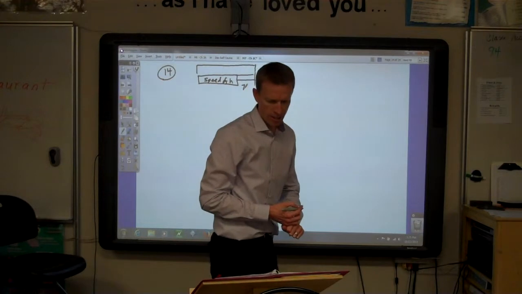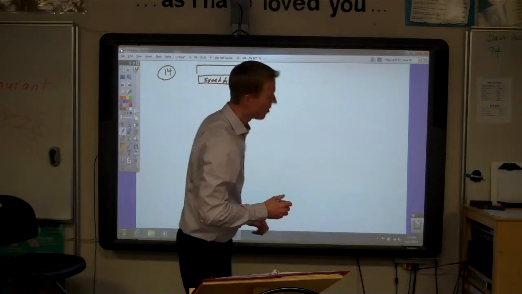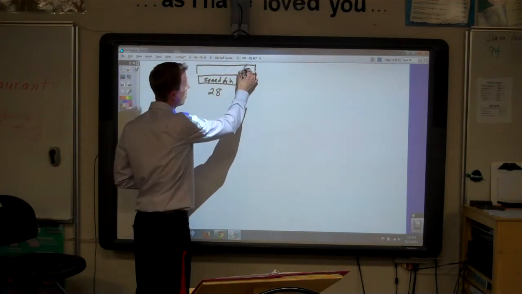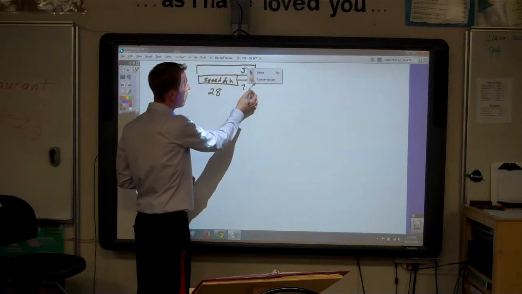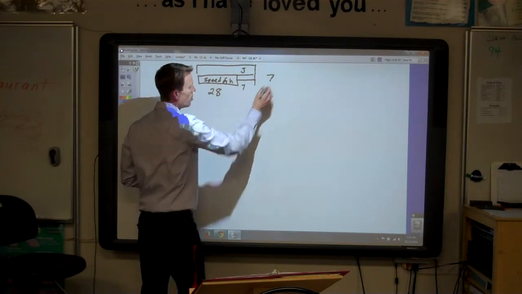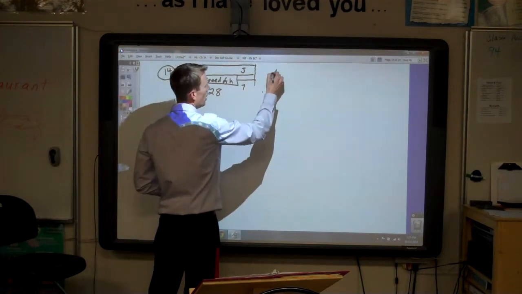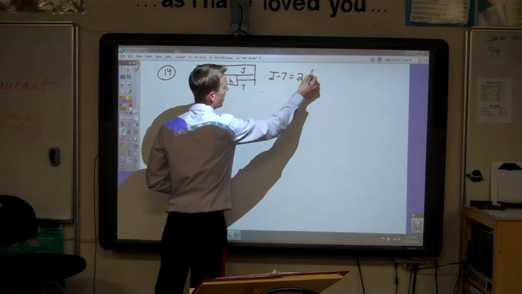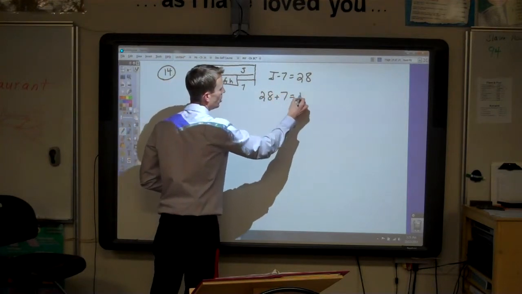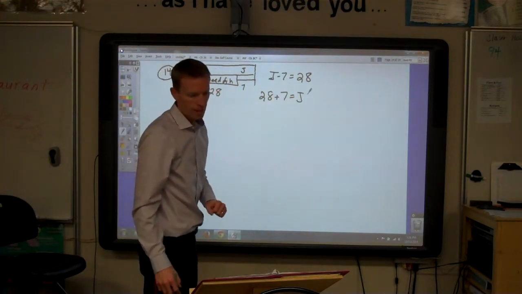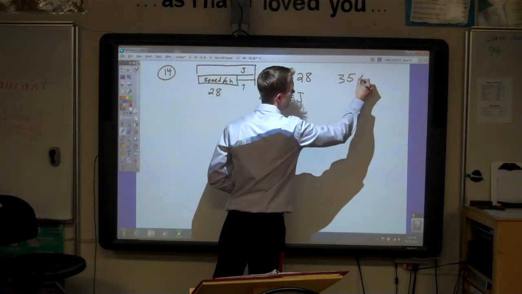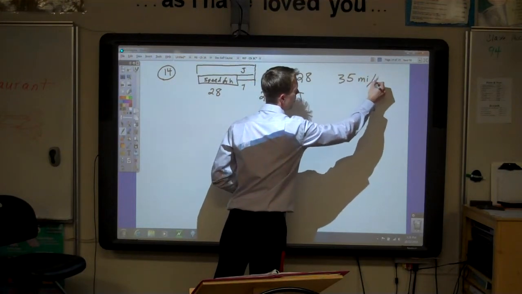And the speed of the human is 28. And the speed of the jackal is j. So j minus 7 is 28. Or 28 plus 7 equals j. And the jackal speed is 35 miles per hour.